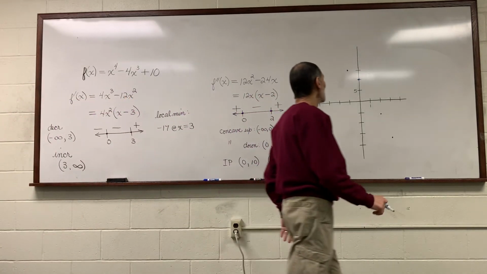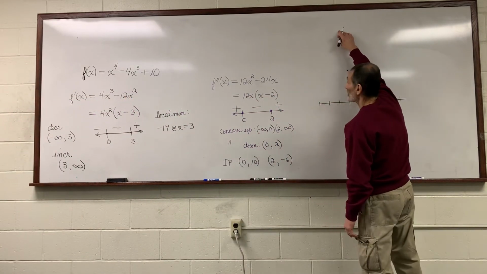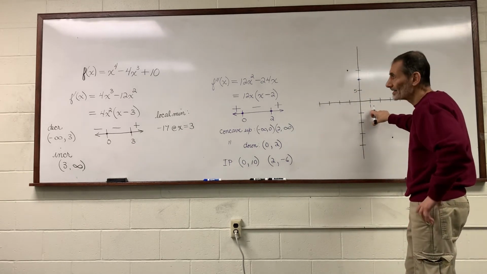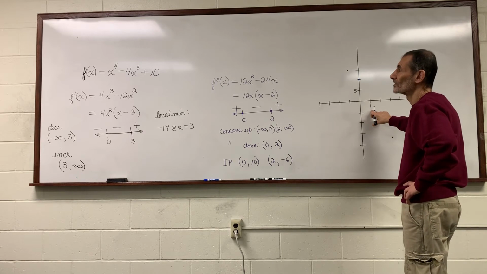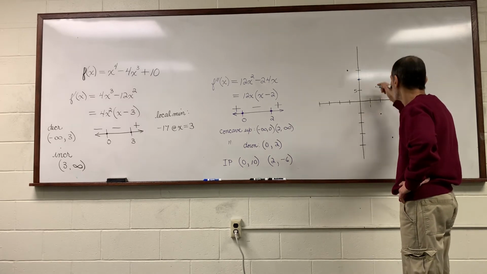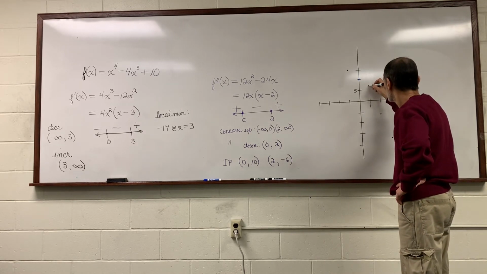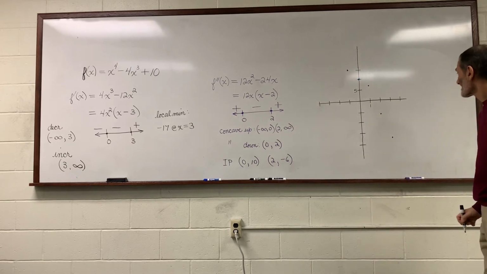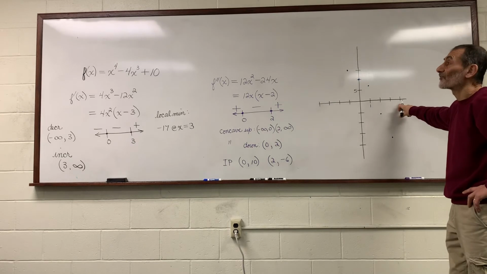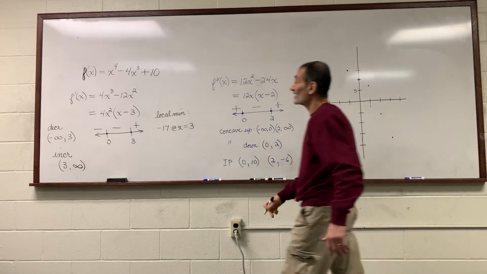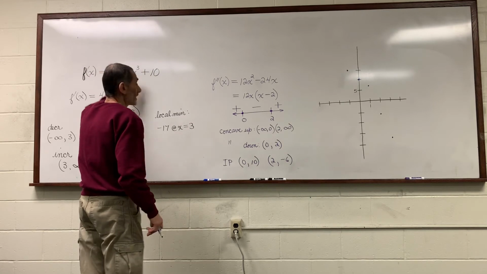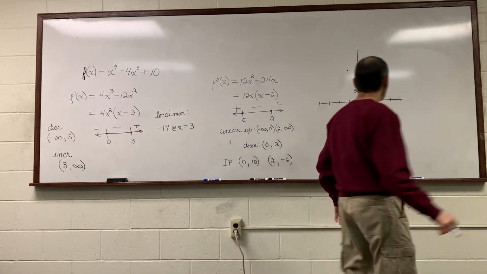So we can see that this function is decreasing rapidly down to here. When x is 1, y is 7. Okay. When x is 4, x to the 4th will equal 4x cubed. So when x is 4, y will be 10.